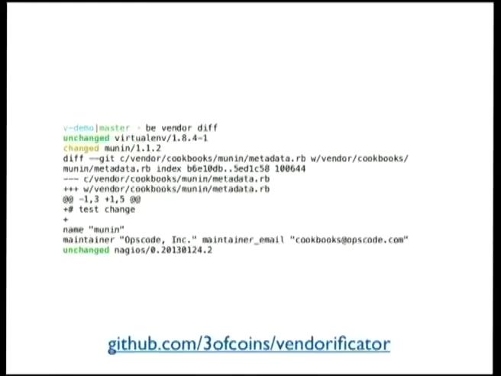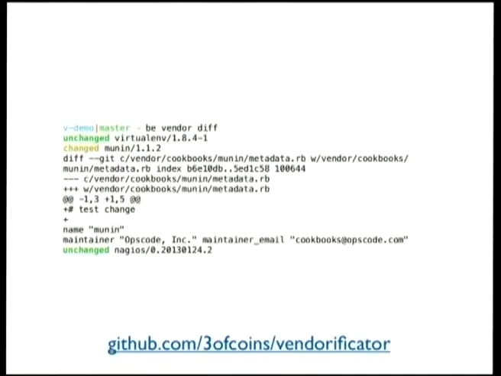And Vendorificator also supports keeping track of local changes. For a test, I have introduced a single line change, and I can run vendor diff, and it shows me a git diff for all the branches that have any changes between the current work tree and the pristine branch.